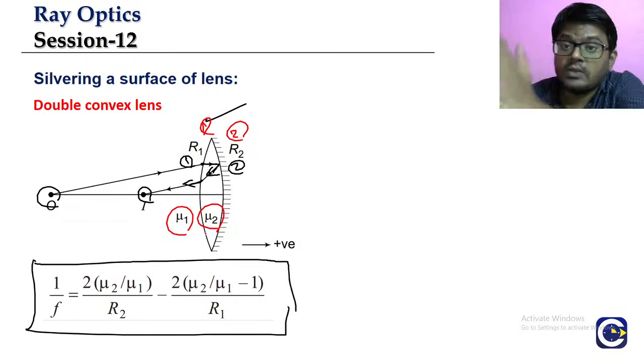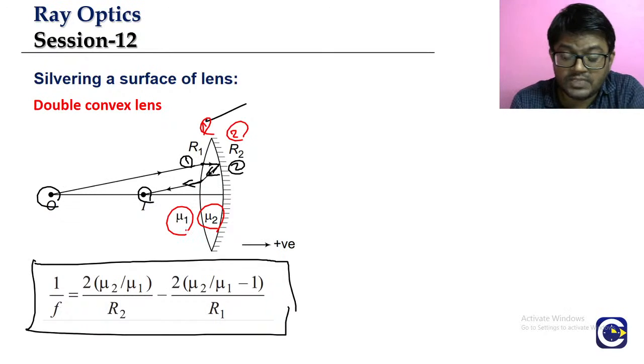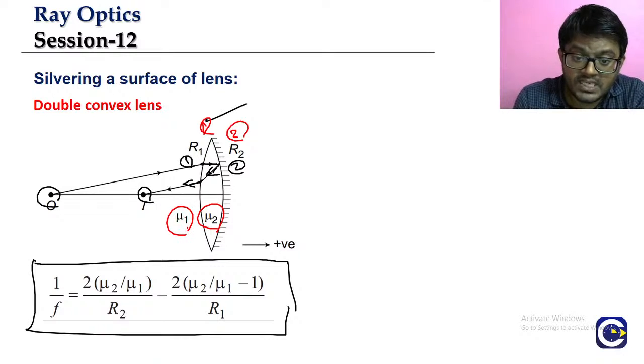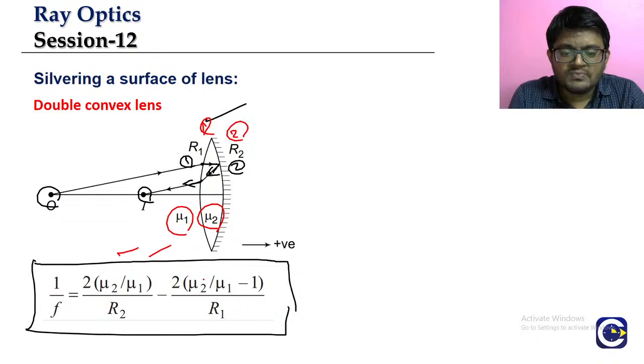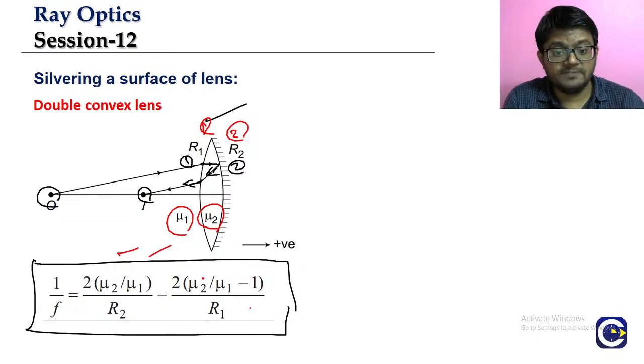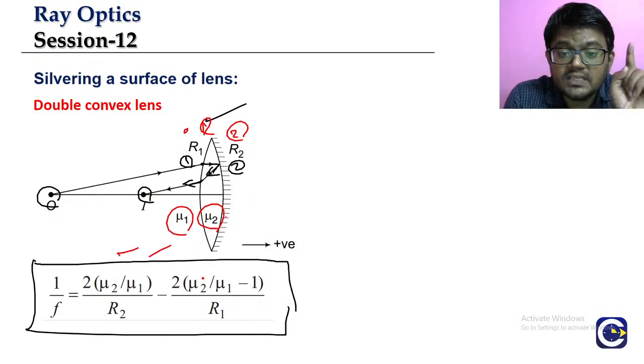Because we are not going to the right side, we are only going to be on the left side and inside the material. Mu1 is the refractive index of the outside, which is typically air. 2 times mu2 by mu1 divided by R2. This is the formula that we can remember. Minus 2 times of mu2 by mu1 minus 1 divided by R1. R1 is what? The radius of curvature at surface 1.